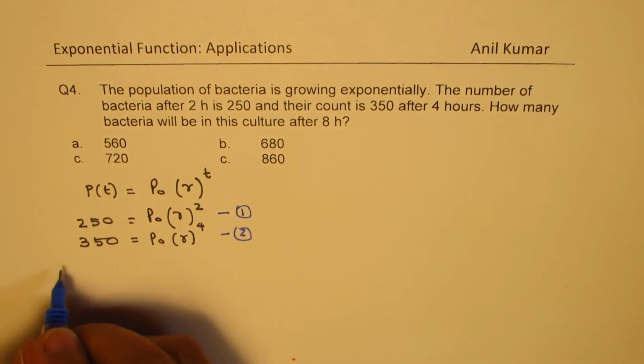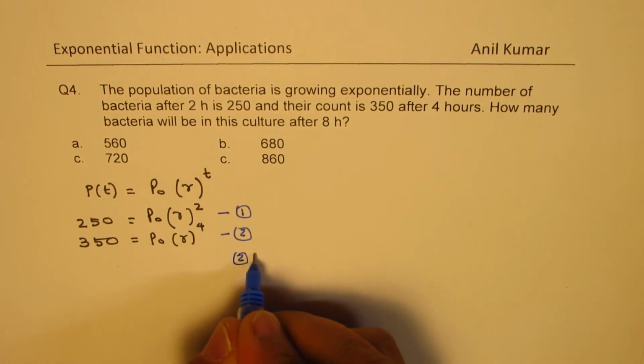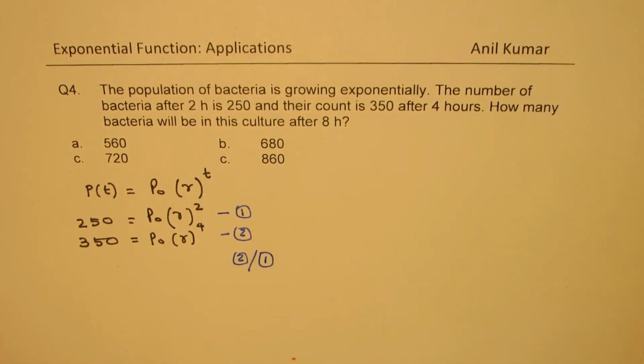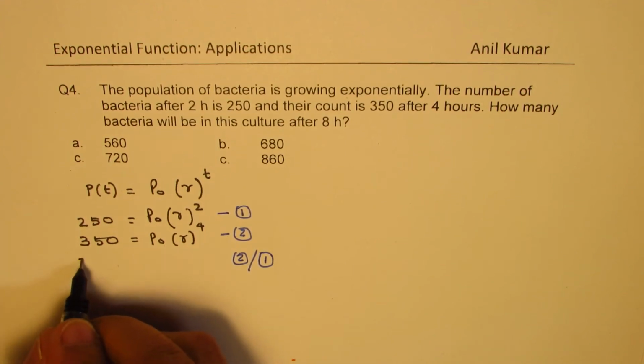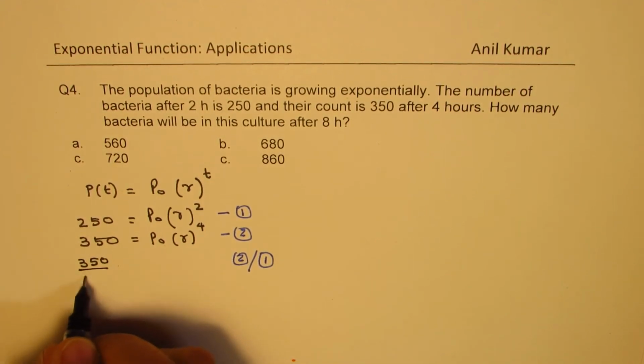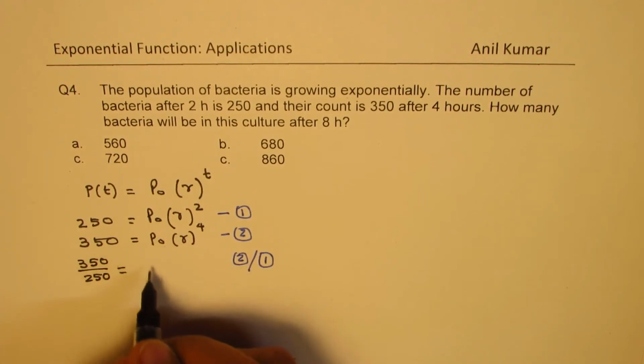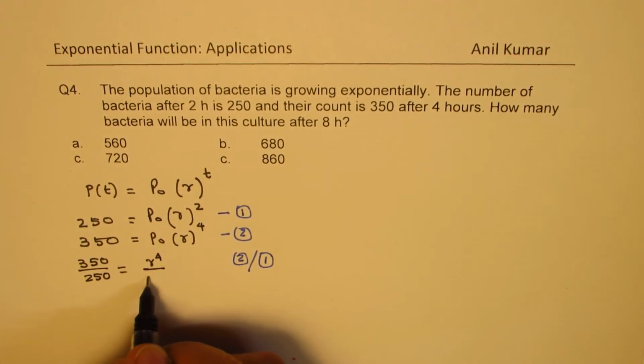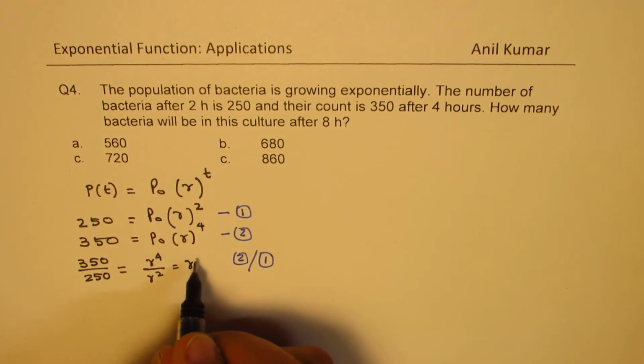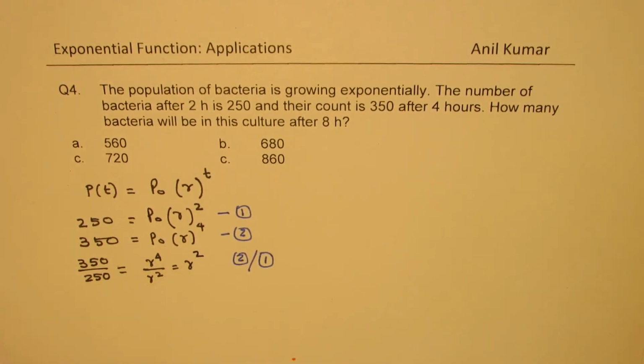So if I divide equation 2 by equation 1, in that case we get 350 over 250 equals P0 cancels, R to the power of 4 over R square, which is basically R to the power of 4 minus 2, R square.